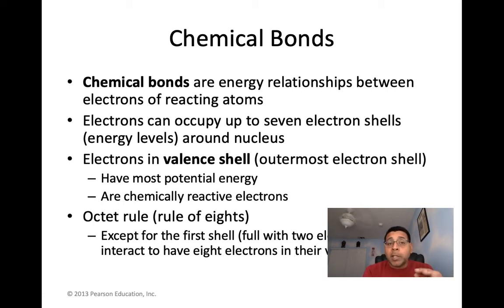So how much potential energy does an electron have, you may ask? Well, that answer is going to depend on the energy level, or you can say the electron shell. Now, the attraction between the positively charged nucleus and the negatively charged electrons is greatest when these electrons are closest to the nucleus.